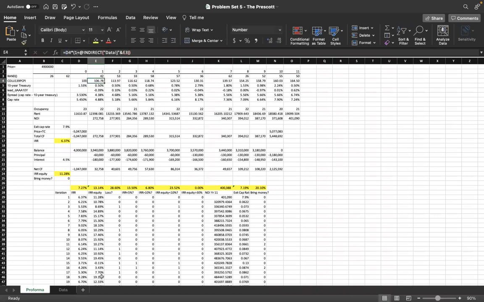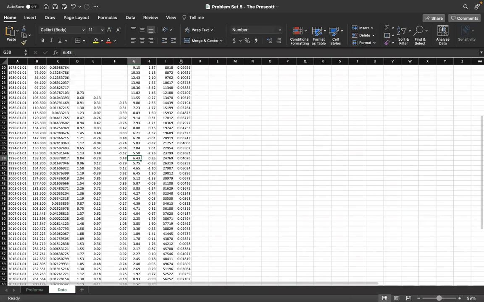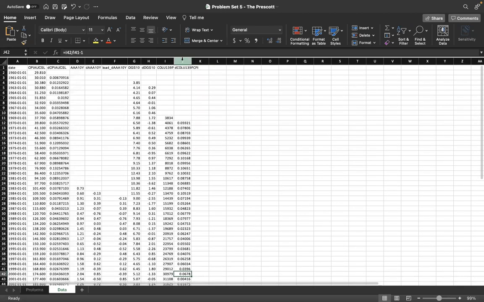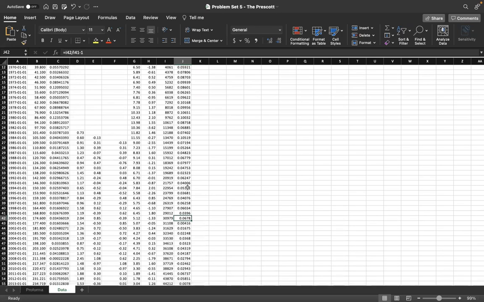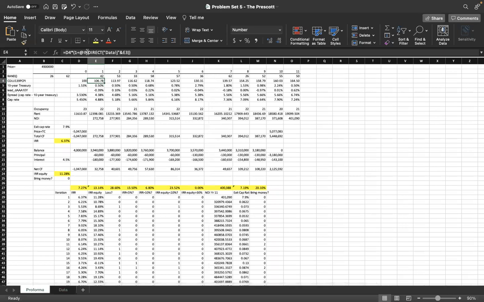So let's go to what is J42. This is J, this is 42. So I get the 42 growth rate of CPI, because column J is the growth, or the change of the CPI. So I use it, so this whole thing here is the growth rate I simulate. So year 1 is just the year 0 times 1 plus the growth rate.